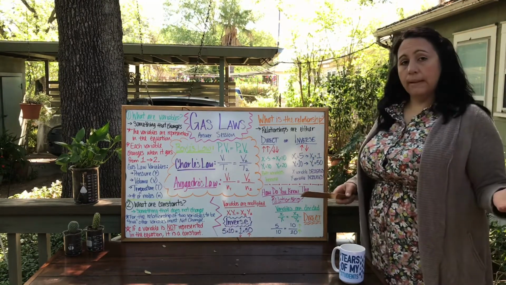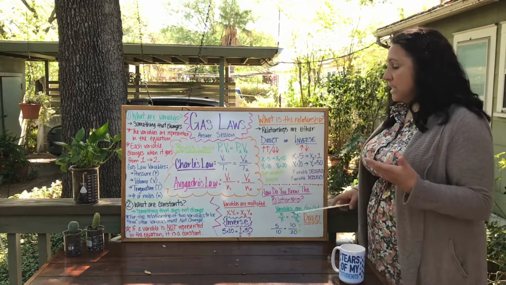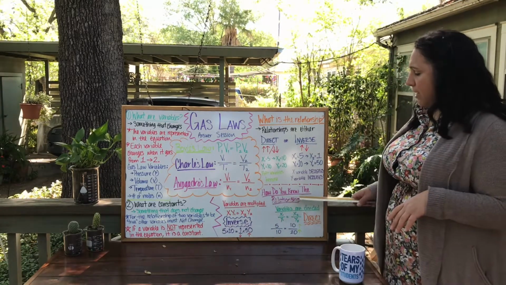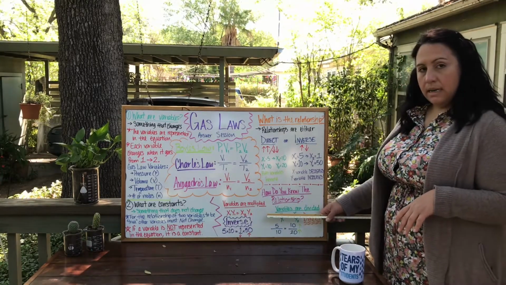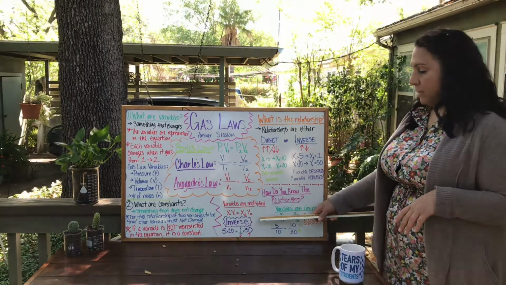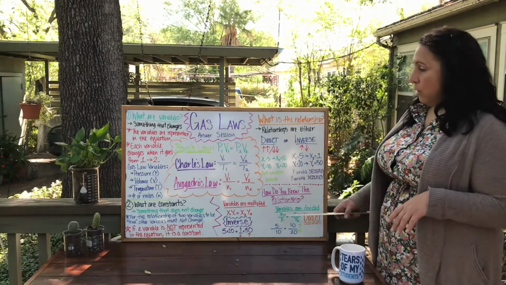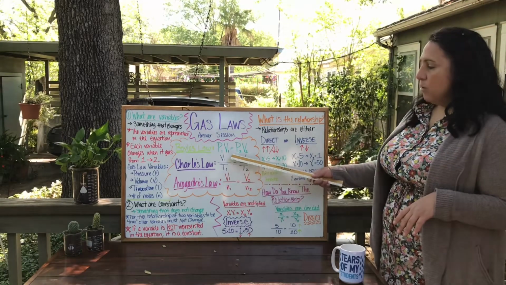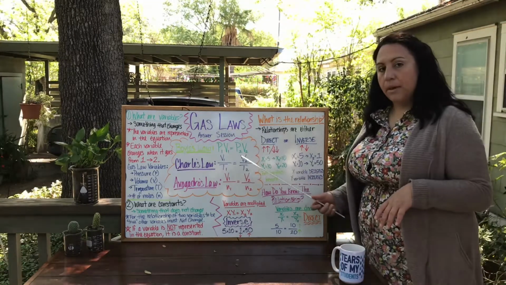Now, how do you know? The only way you can know right now from what I've taught you is to look at the equation. Well, if the variables are multiplied, as in x1 times y1 equals x2 times y2, that is an inverse relationship, okay? So if you look up here, the only one that's inverse is Boyle's Law because they are multiplied by one another.